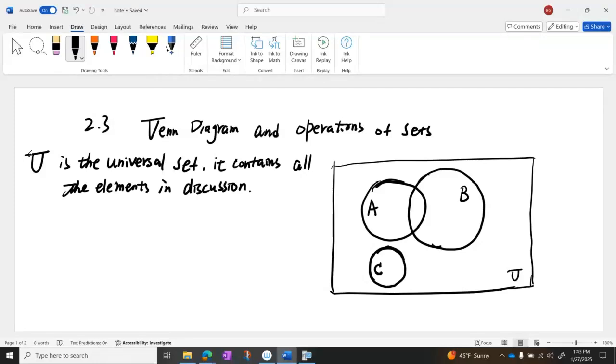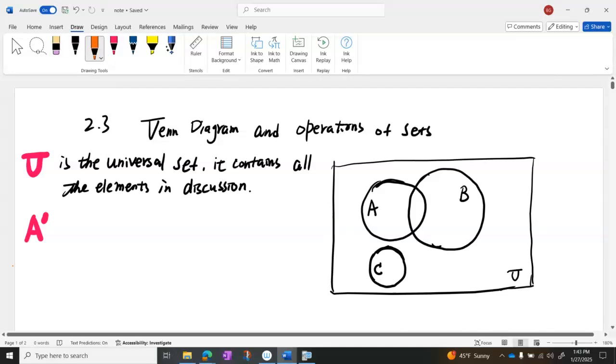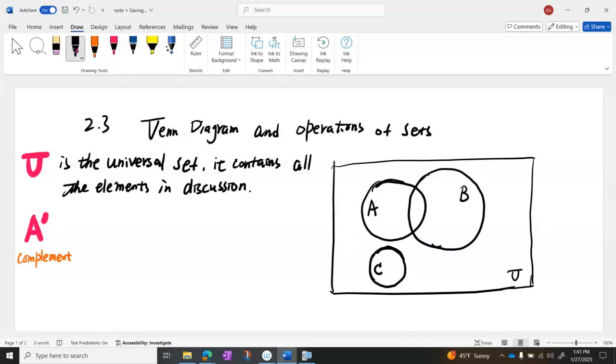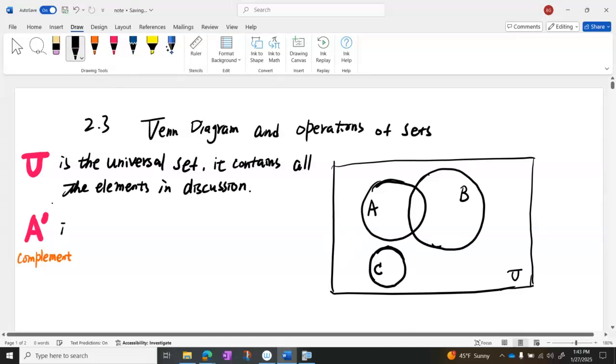And the next concept, I want to use a different color. So here, this. And next one, A prime. This is called A prime, okay? A prime here is a complement of A. A prime here is also a set.